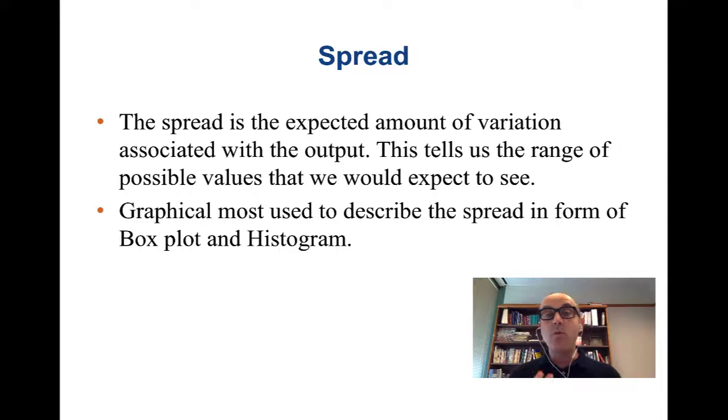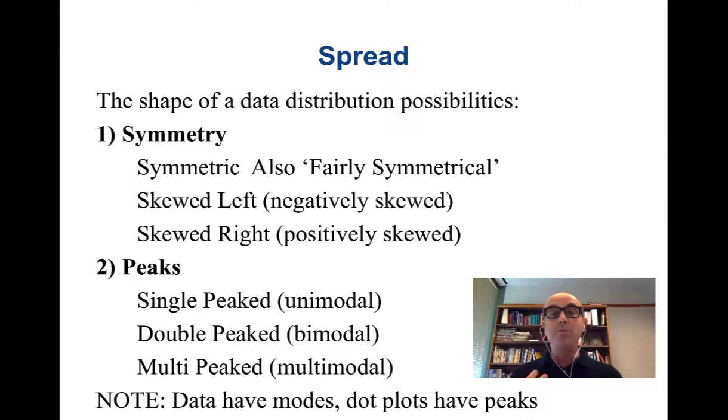That tells us the range of possible values that we would expect to see. A point of reference for the spread is the box plot and histogram, which is where we use it most often. The spread, in comparison, is the spread of the data distribution possibility, and we have two types.